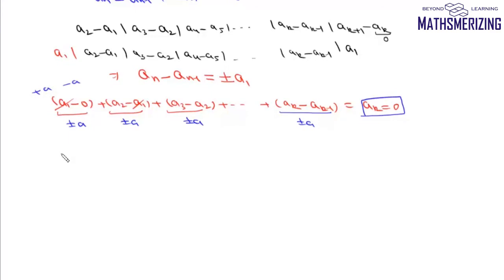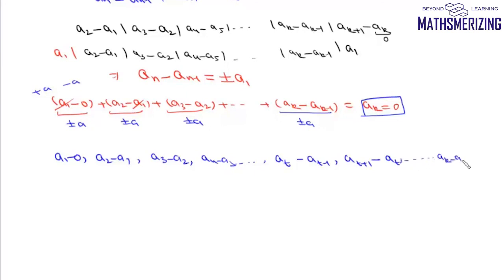So of all these arrangements, a1 minus 0, a2 minus a1, a3 minus a2, a4 minus a3, up to ak minus ak-1, there must exist a pair with alternate signs.